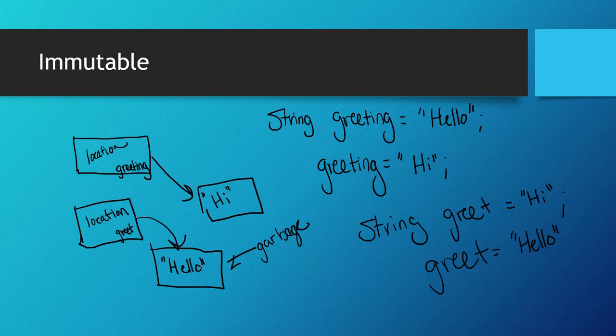Does this change a lot for you? No. However, it just gives us an idea that these strings are unchangeable in the regard that you are not actually changing the actual object. You're just pointing at a different one.